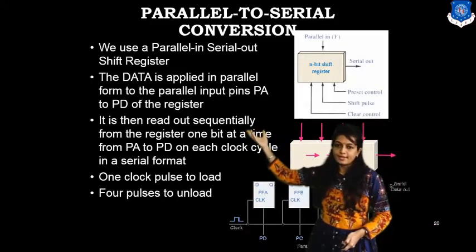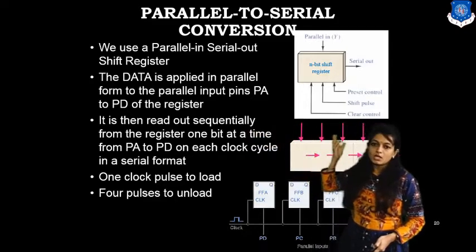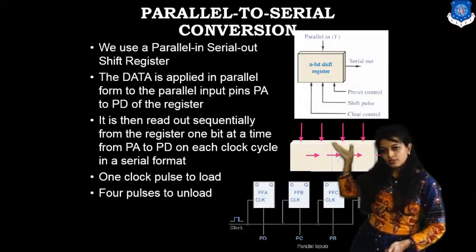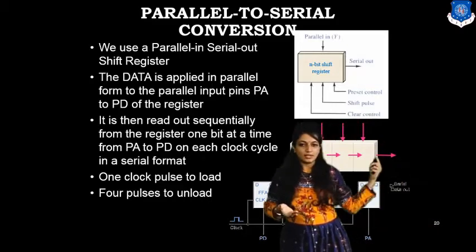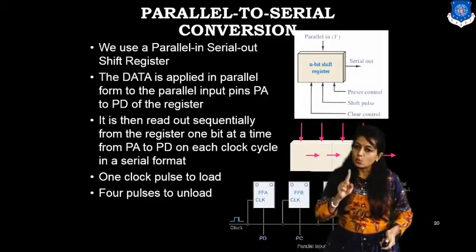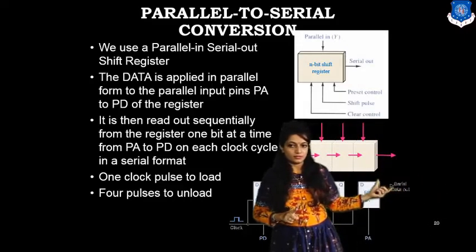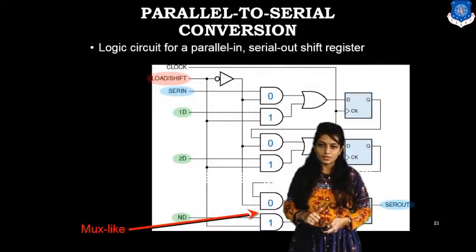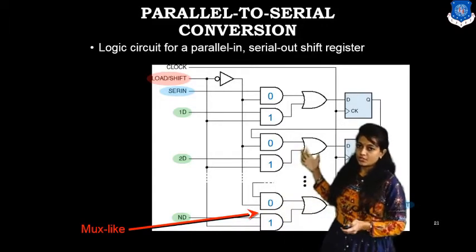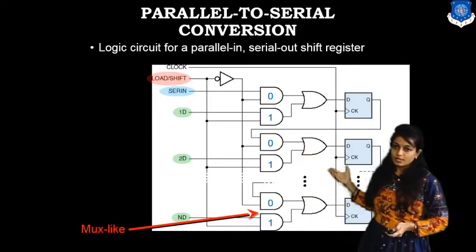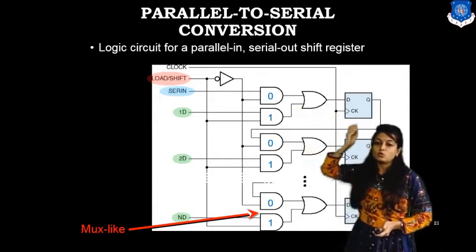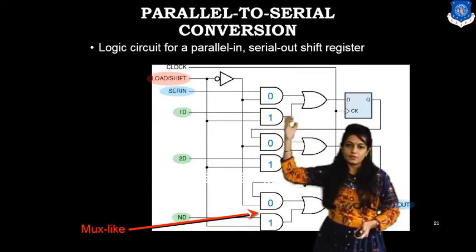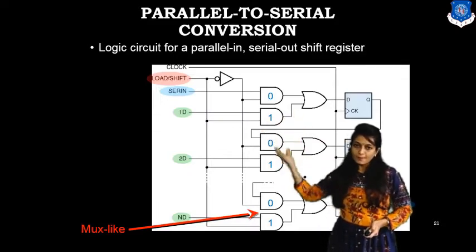Data is applied in parallel form to the parallel inputs, and the serial outputs are taken one by one. 1 clock pulse is required to load the register, and 4 clock pulses are required to unload the register. The logical circuit for parallel to serial conversion requires a clock pulse, a control to load or shift the register, the serial in, which is by default 0, and the parallel inputs.